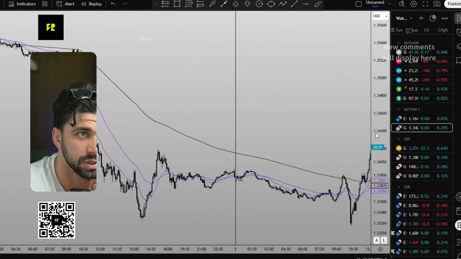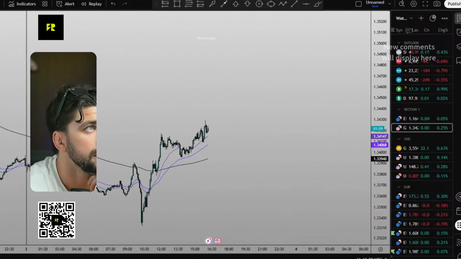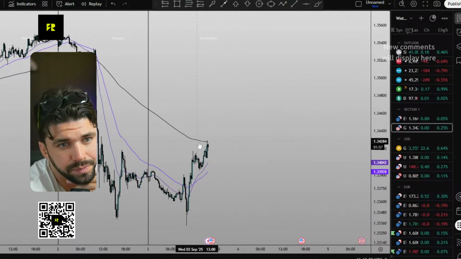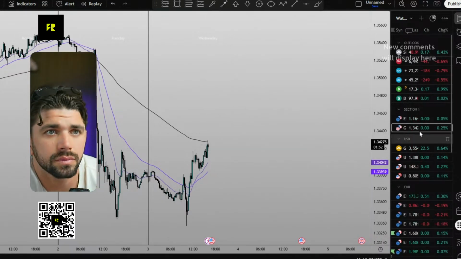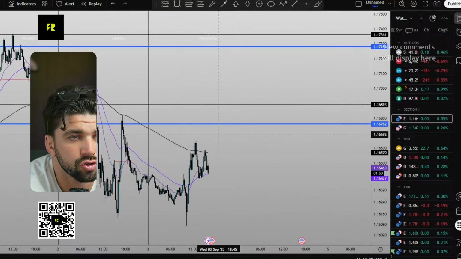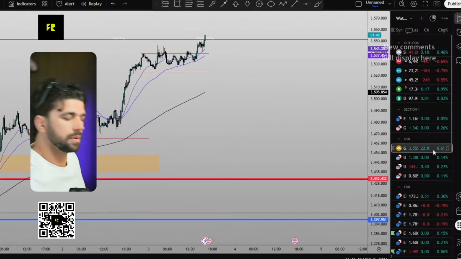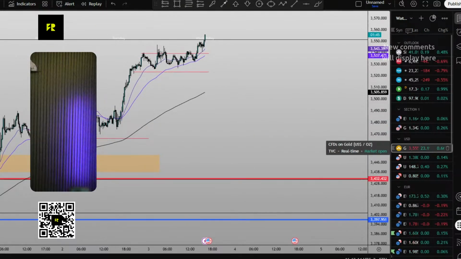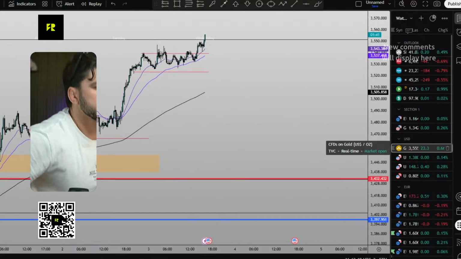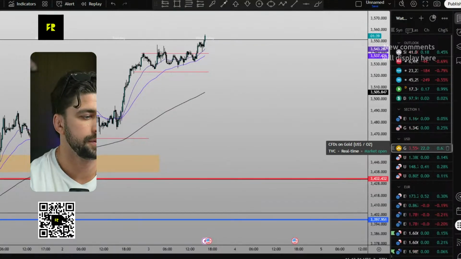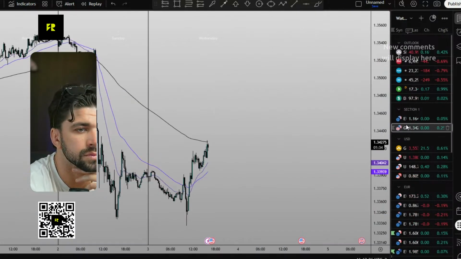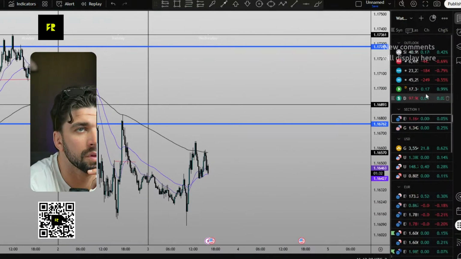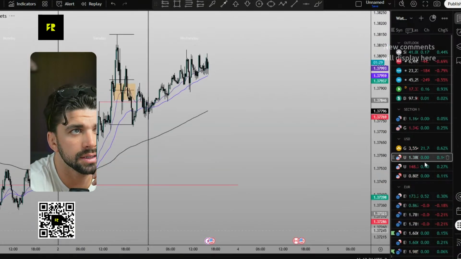Let's actually see what we've got with the trades. GU pushing up, come back to the 200 EMA. EU struggling a little bit here. What are we going to look at?